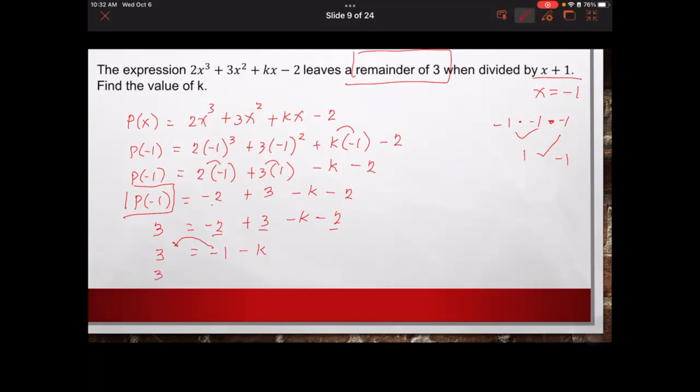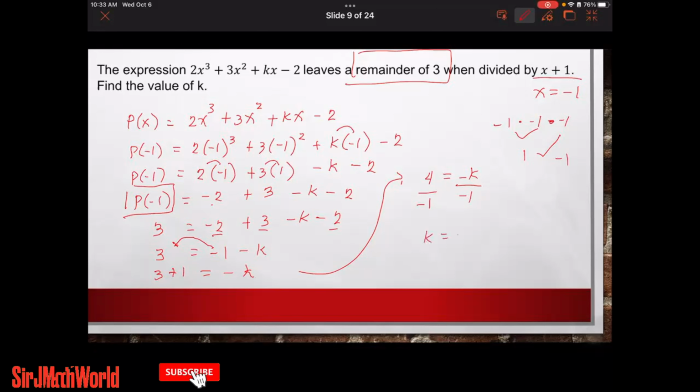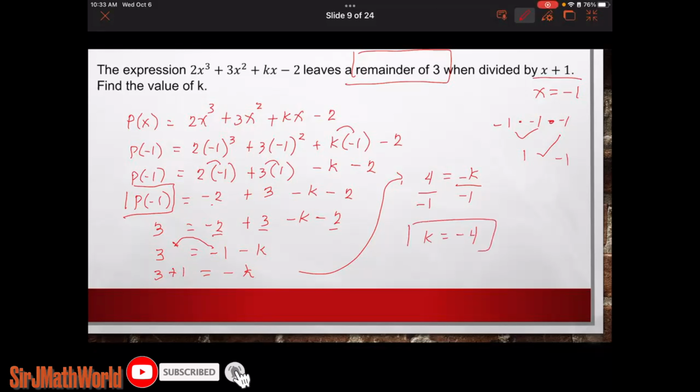So, 3 plus 1 is equal to negative k. 4 is equal to negative k. We have to divide by negative 1 kasi k ang hinahanap natin. Kasama ni k ay invisible negative 1. Therefore, k is equal to negative 4.